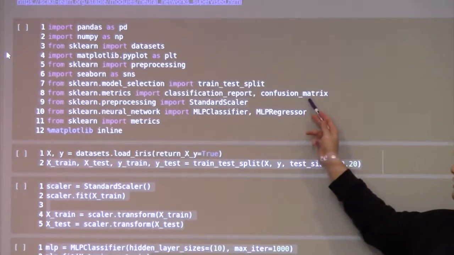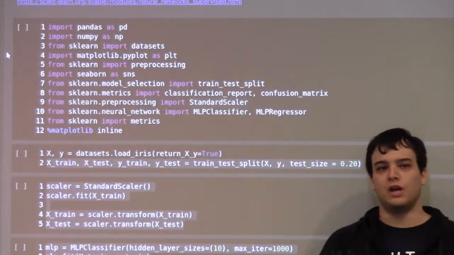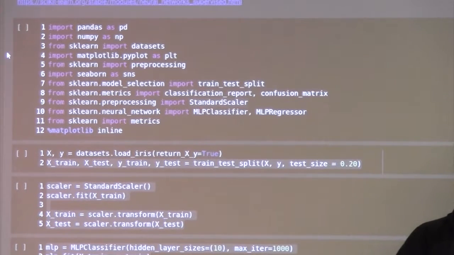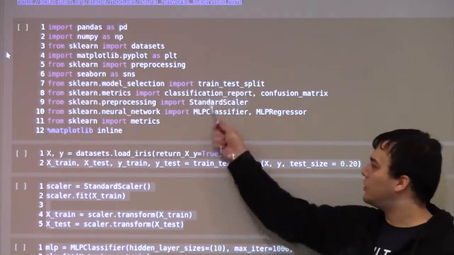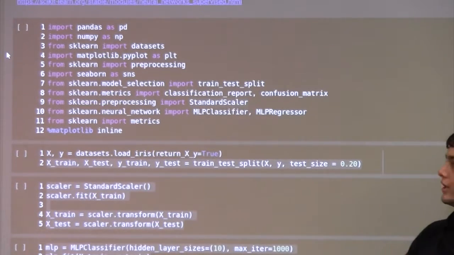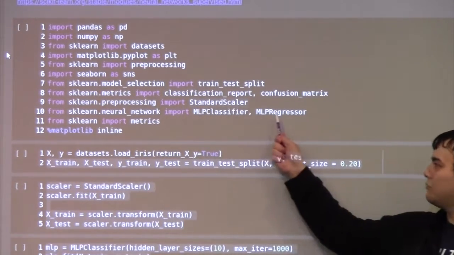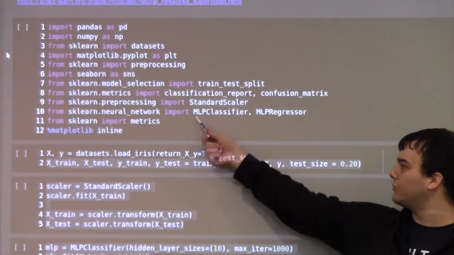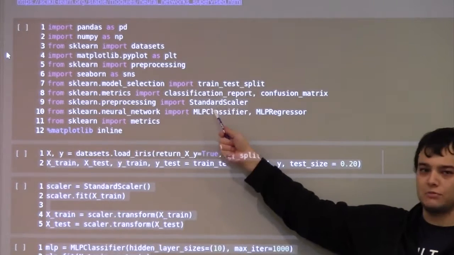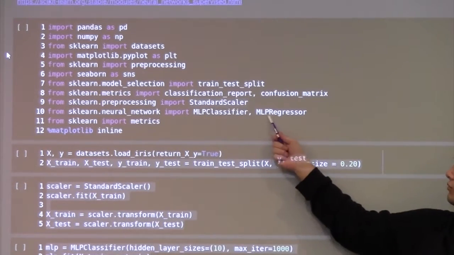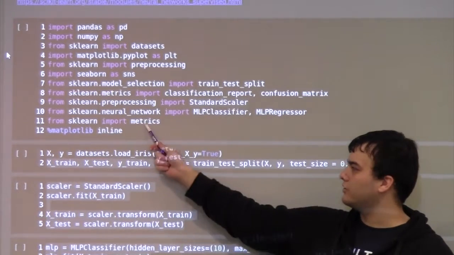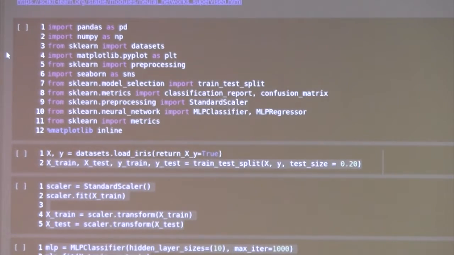We're also using the confusion matrix and the classification report to get statistics on our models. StandardScaler is for scaling our data. MLPClassifier and MLPRegressor are going to be our actual models. As we said before, these are the multi-layer perceptron classifier and multi-layer perceptron regressor, and sklearn metrics.